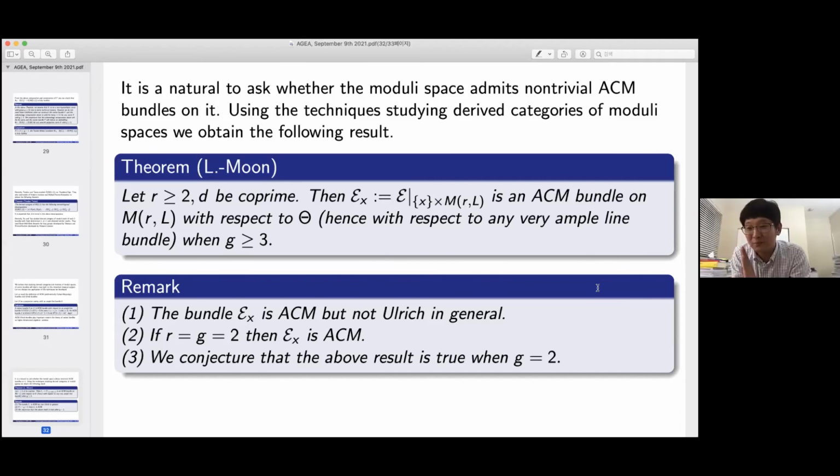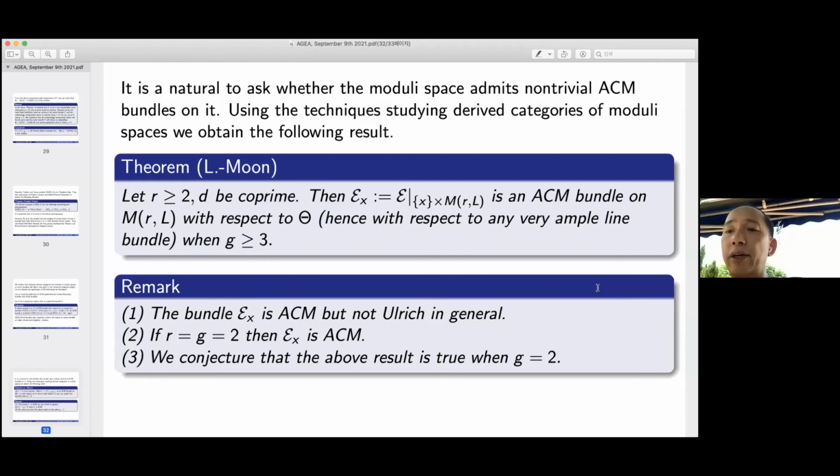But the point is it's Q coefficients, so the torsion is ignored in a sense. As far as I remember, let me check the reference. Thank you very much.